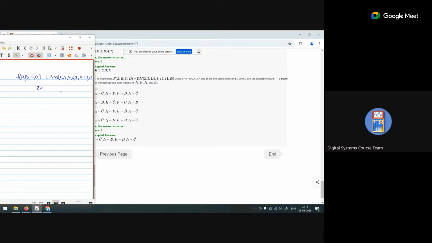So can I convert into the sigma m 0, 1, 5, 7, 9, 11, 12, 13. Okay. Now we have to design a 4 cross 1 mux. Okay, so two select lines are available. Now, if A and B are the select lines, so we are selecting A and B as select.